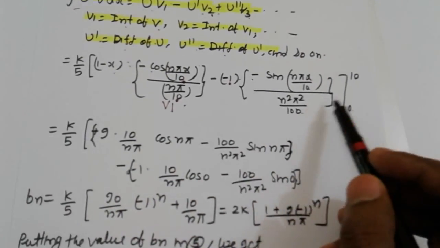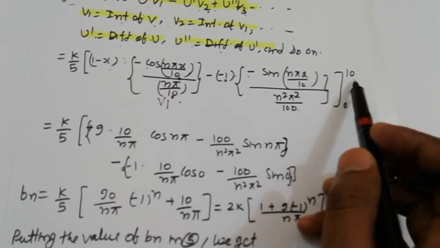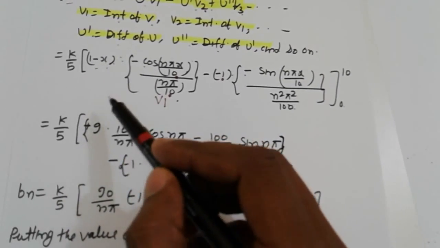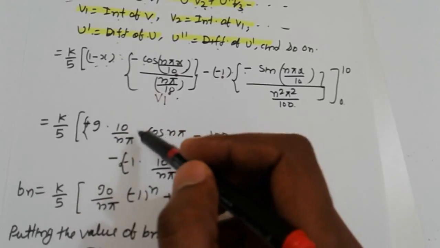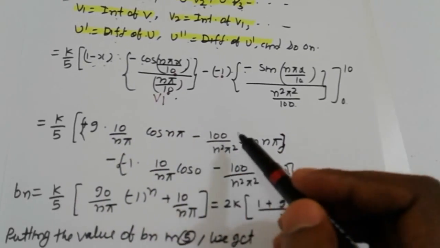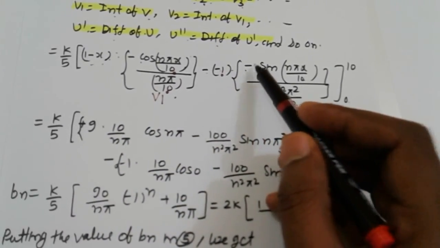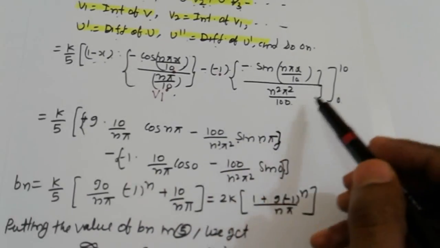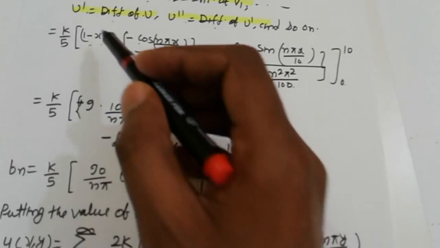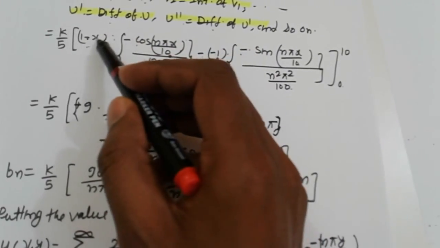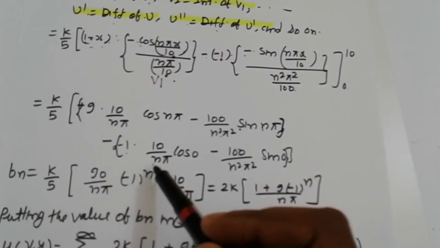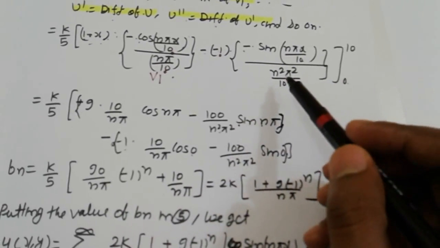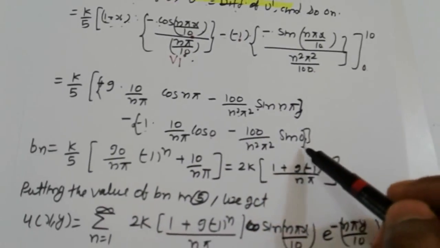Apply the upper and lower limits. So put x equal to 10, here 1 - 10, that gives minus 9, minus times minus 9, so plus 90 upon nπ cos nπ, again minus plus, here minus, so 100 upon n²π² sin nπ. Minus the lower limit: put x = 0, minus 10 upon nπ cos 0 minus 100 upon n²π² sin 0.